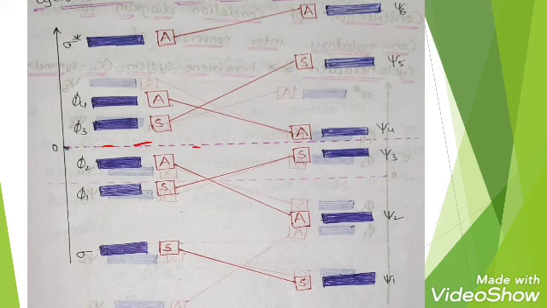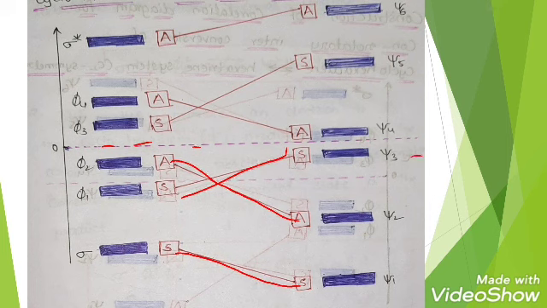In this correlation diagram, the symmetry of the sigma orbital correlates with the symmetry of the psi 1 orbital, and the symmetry of the pi 1 orbital correlates with the psi 2 orbital, and the symmetry of the pi 2 orbital correlates with the psi 3 orbital.